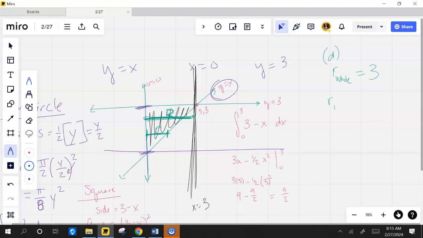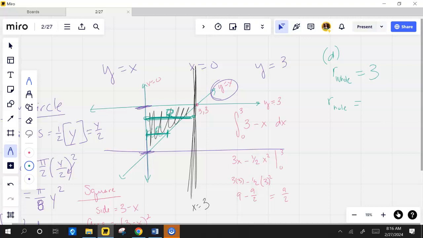Now for the little one, what I'm taking away from it, this is the white area. Okay? So I labeled my radius. The radius of the whole thing minus, that's going to give me the whole.